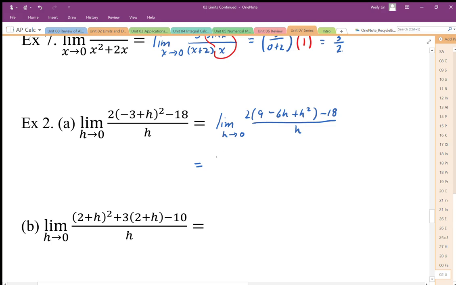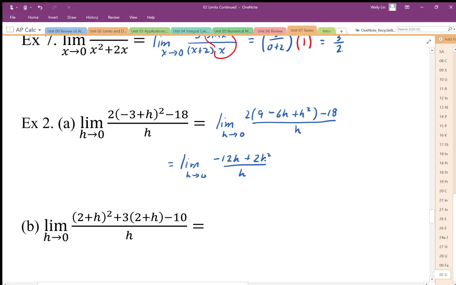I can see that if I multiply 2 times 9, that cancels out with the negative 18. So I'm going to end up with negative 12h plus 2h squared divided by h. I've got my limit notation, so I need to make sure I put that in: the limit as h goes to 0.